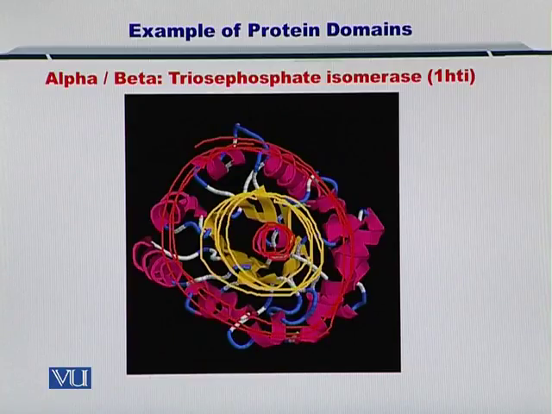If you have such an organization of secondary structures, then we call this an alpha over beta domain. Essentially, the alpha helices are separated from beta sheets, and then alpha helices may come again, but they'll be separated and clearly at a distance from the beta sheets again.